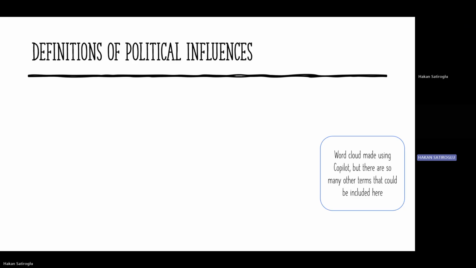So one of the definitions of political influences is a word cloud made using Copilot, but there are so many other terms that could be included here. In your OneNote file, write down as many words as you can that you associate with the term politics.